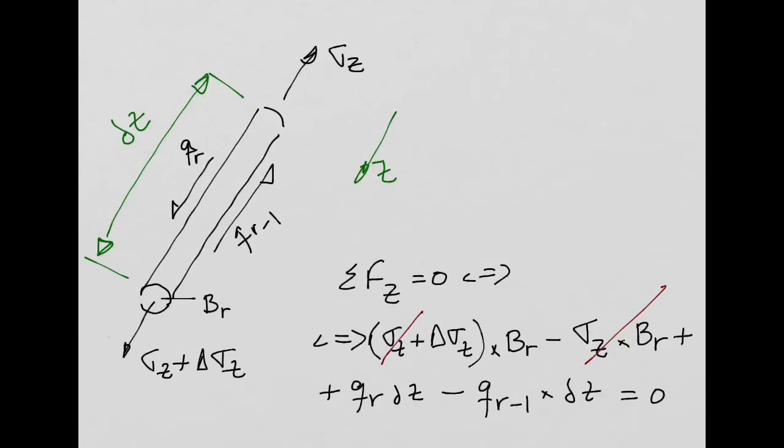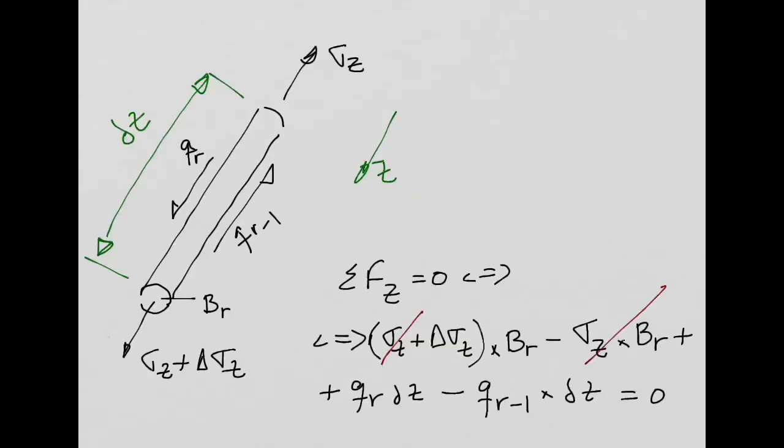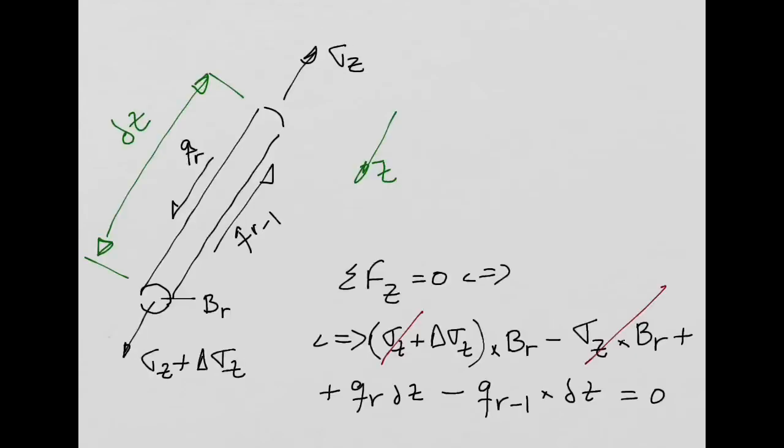So at the end, we will have delta sigma z BR plus QR delta z minus QR minus 1 delta z.